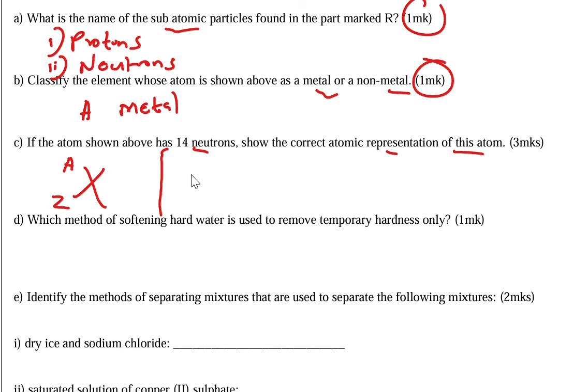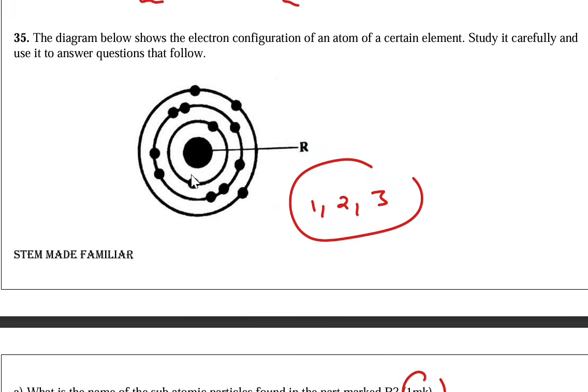How many protons are there? You can count the number of electrons. The first energy level has 2. The second one is full, 8. The last one has 3. So 2, 8, 3, and if you add, it equals 13. So its atomic number is 13.